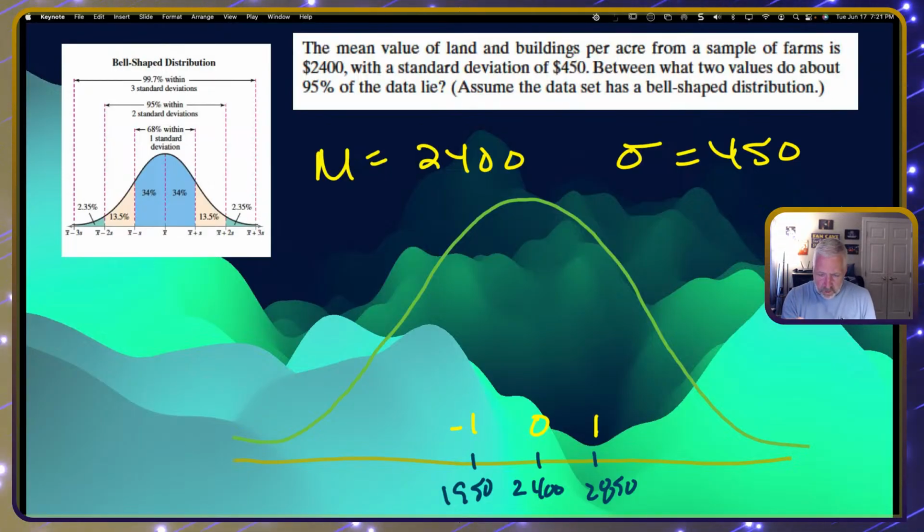So let me do one more out here. For 95%, I need 2 out. So 2,850 plus 450 is 3,300.